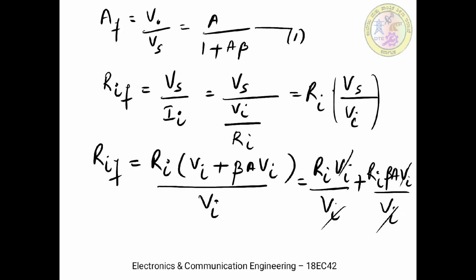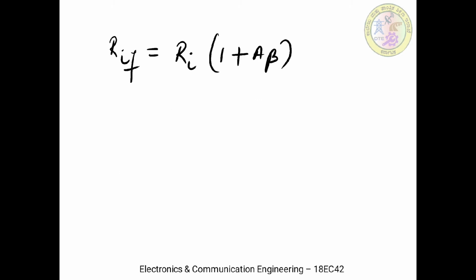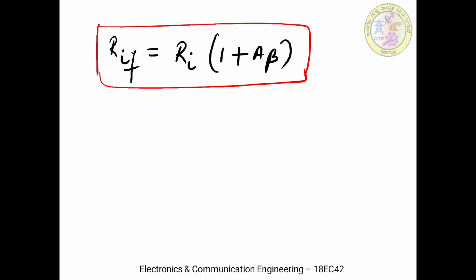It is nothing but Ri into 1 plus A beta. By taking the previous equation, I can take Ri as a common factor, and what is left here is 1 plus beta into A. So now the input resistance in presence of feedback will be equal to Ri into 1 plus A beta. This is one important relation with respect to this configuration.